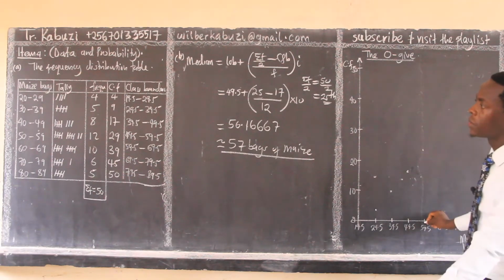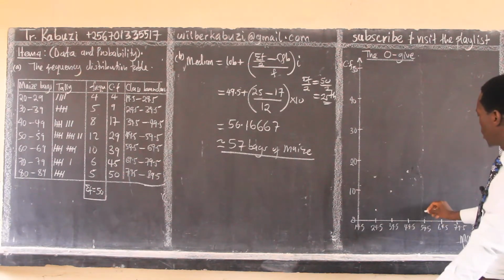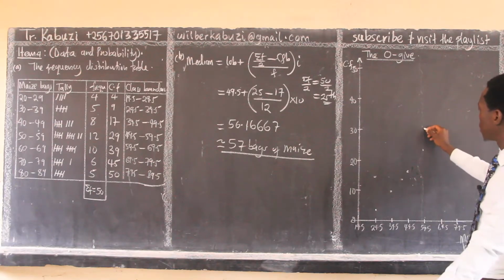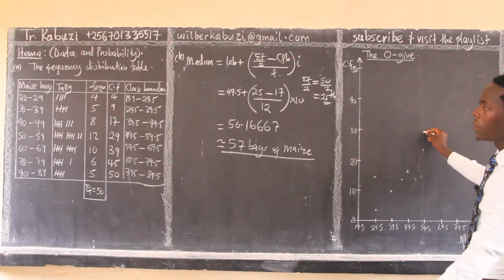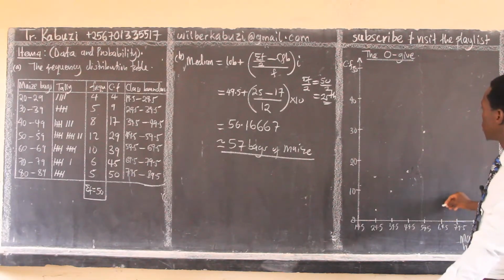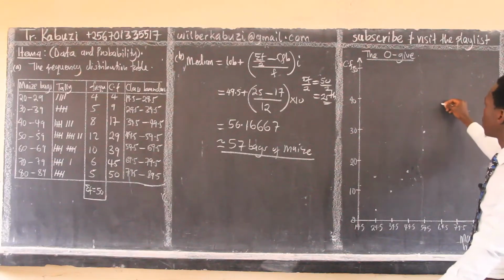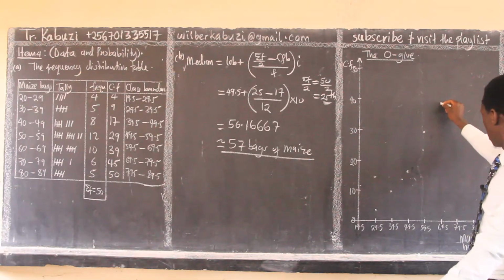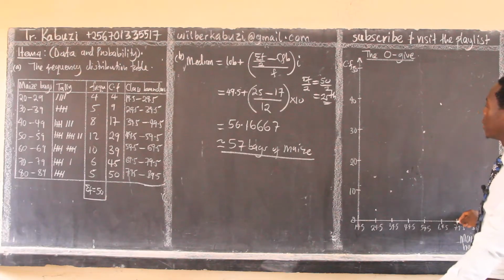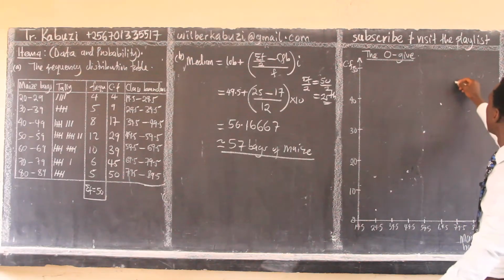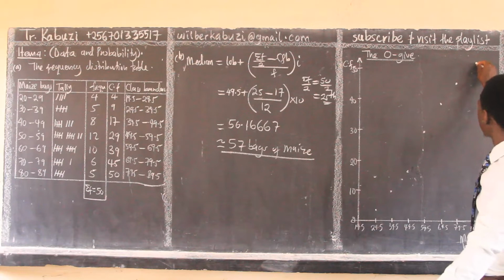For proper graphs, it will be very obvious. 29 around there. Then we come to 39 around here. Then we come to 45 around here. Then we come to 50 around there.